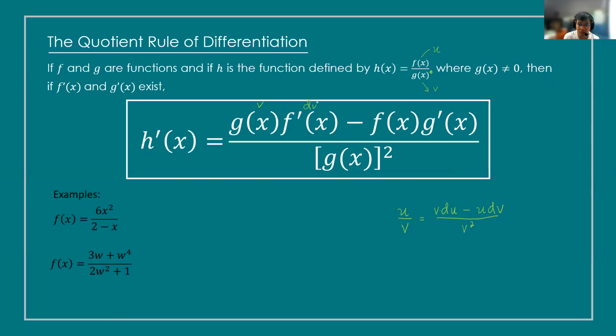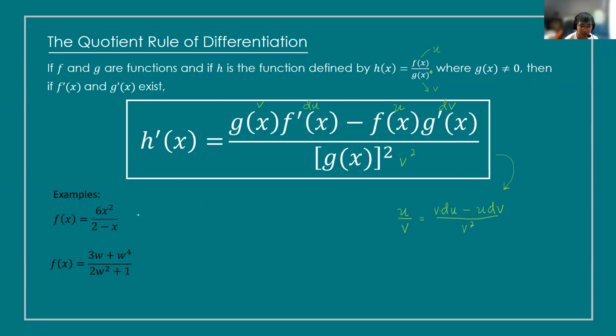So v du minus f of x, coming from the variable above, that is u, times the derivative of g of x, that is the derivative of v, so dv. G of x, so walay prime, squared, that would give us v squared. So muna siya ang formula, so i-translate into this simple format. Usually maglibog ta kay daghang kayo kanang kuan, di ba? F of x, g of x, and so on and so forth.